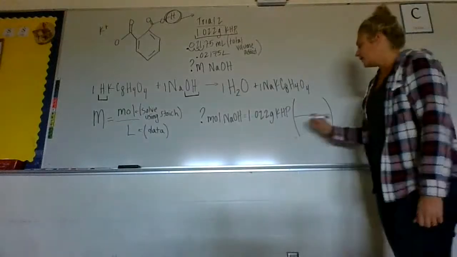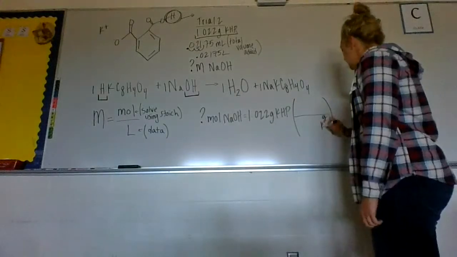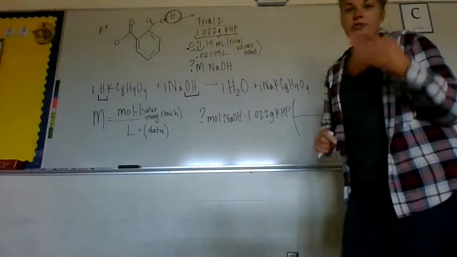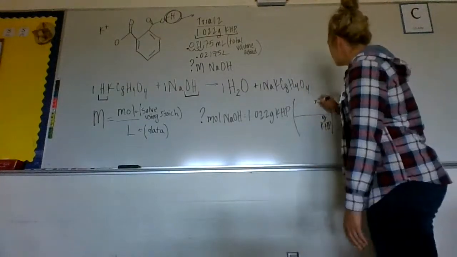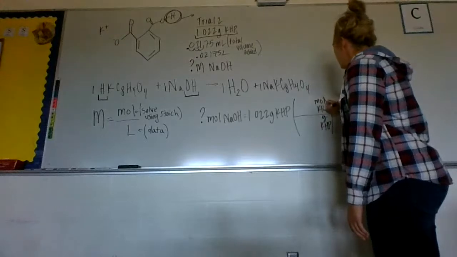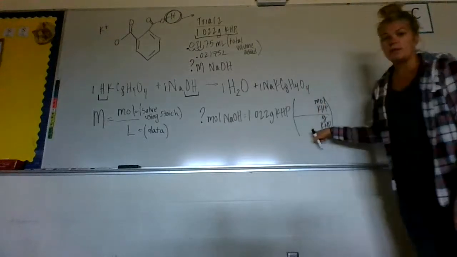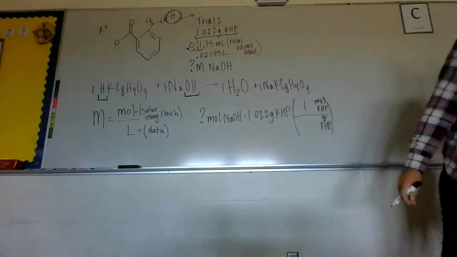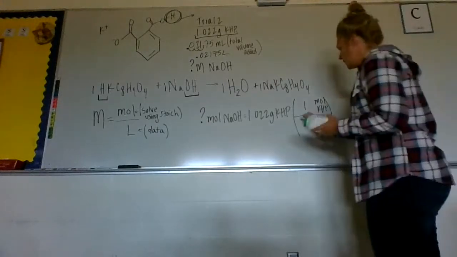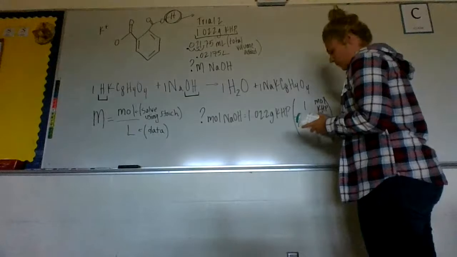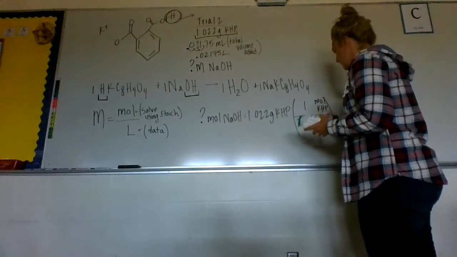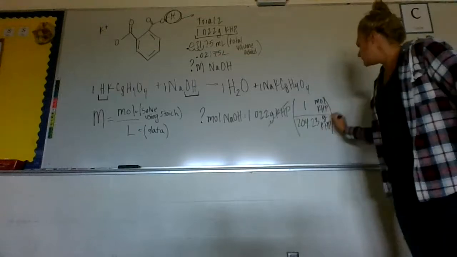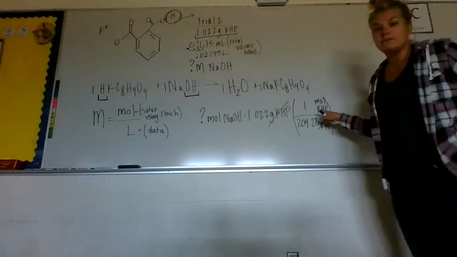I have to cancel grams of KHP, so that goes on the bottom. The only relationship that I have to grams is moles, so moles of KHP will go on top. This is our molar mass conversion: for every 1 mole of KHP, it weighs 204.23 grams.